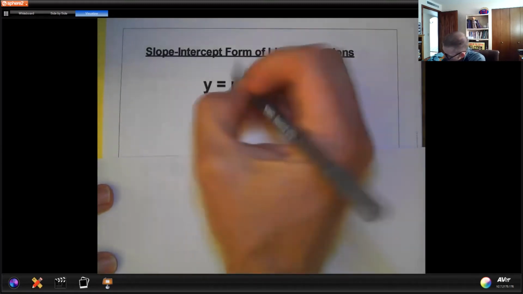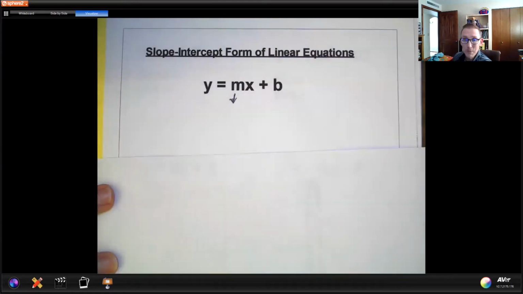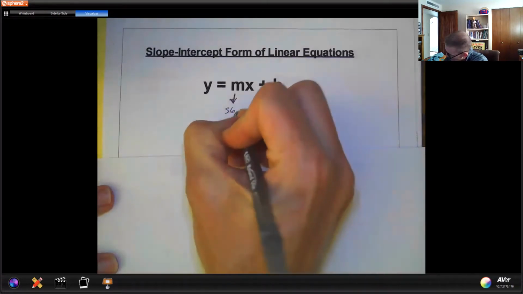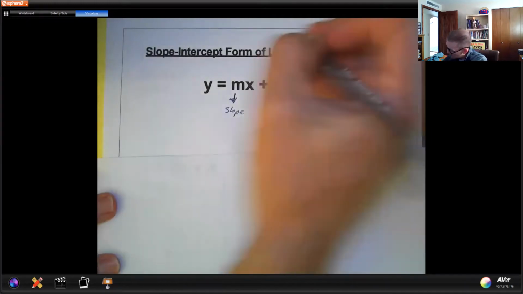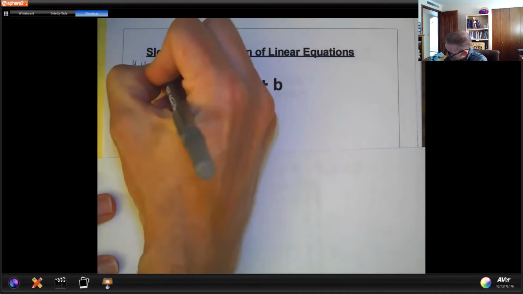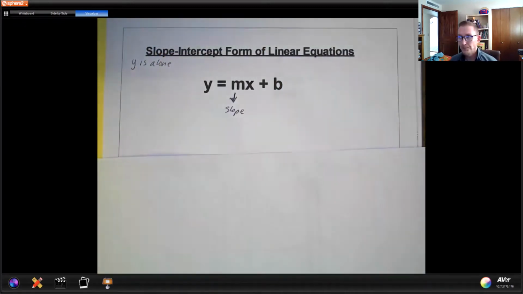Now the key is, and we should already know what the letter m is. The letter m we spent time working with last week and just used in the previous section. M is the slope. And when y is alone, and that's what we have with y-intercept form, y is alone, the number touching x is your slope.